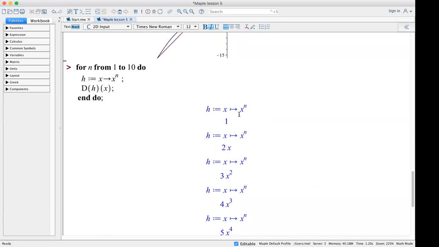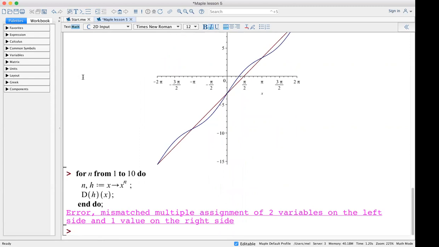So for the different values of n, when n is 1, the derivative of x is 1. The derivative of x squared is 2x. The derivative of x cubed is 3x squared. Maybe write n comma to make everything clear.